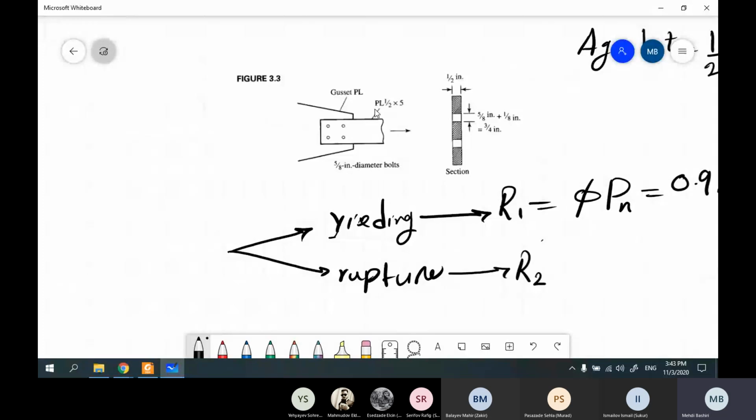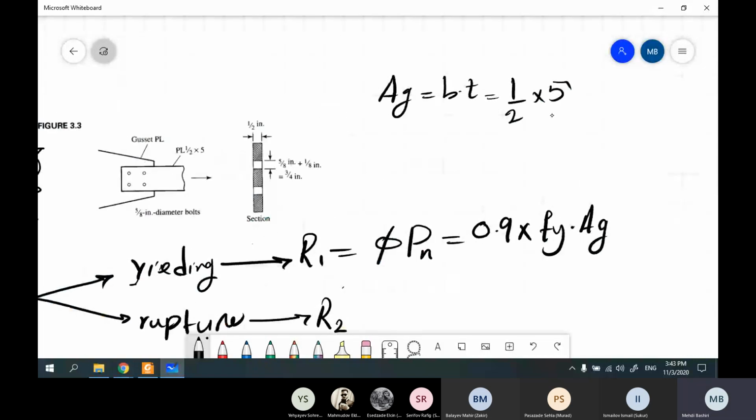When we see this notation PL 1/2 x 5, that means the plate thickness is 1/2 and the width is 5. The length is unknown, and we show unknown length with a wavy line like this. So the width is 5, and the area, as Maher said, is 2.5. This is Ag.